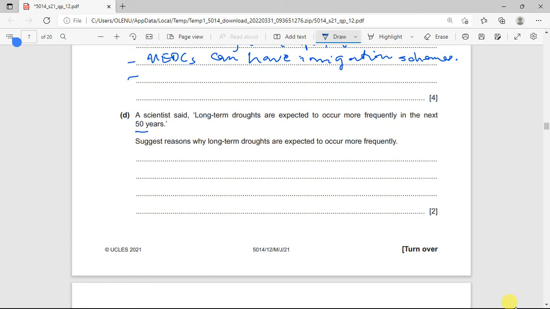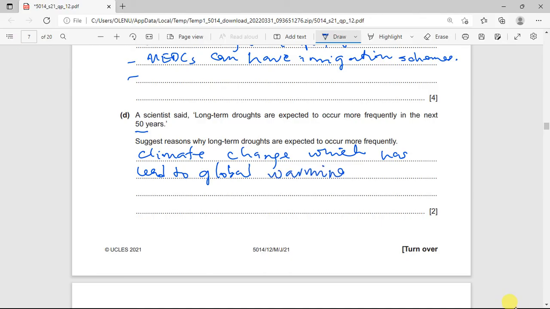This is strictly because of climate change, which has led to global warming and increased evaporation, so obviously there can be more drought.